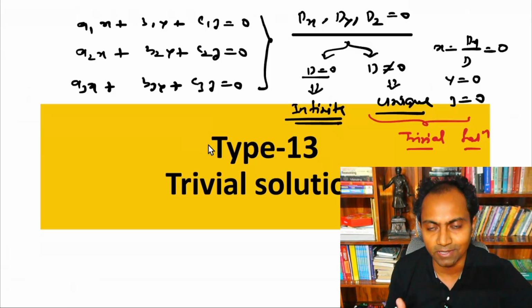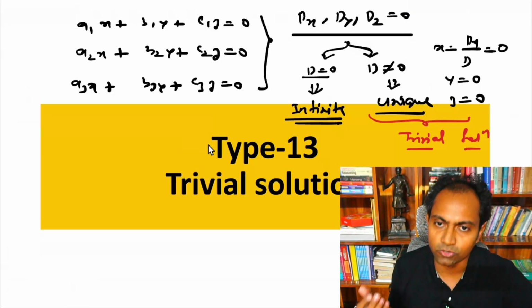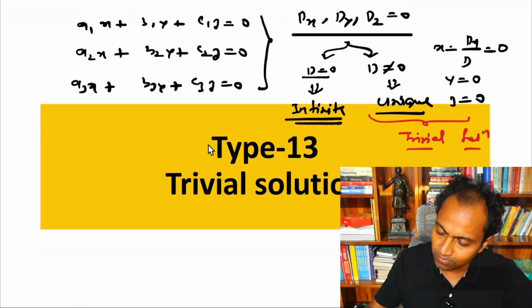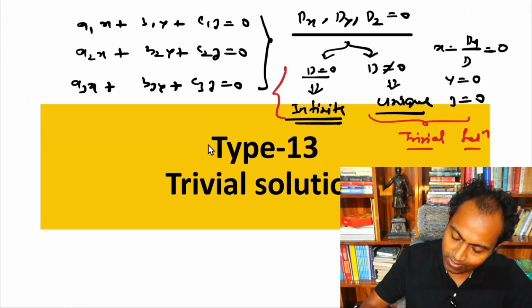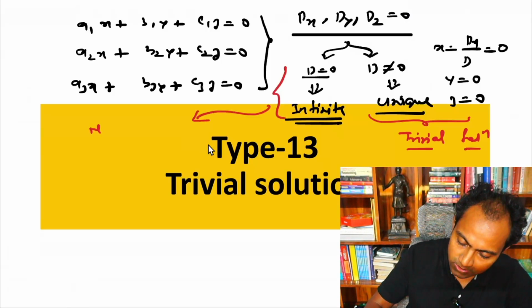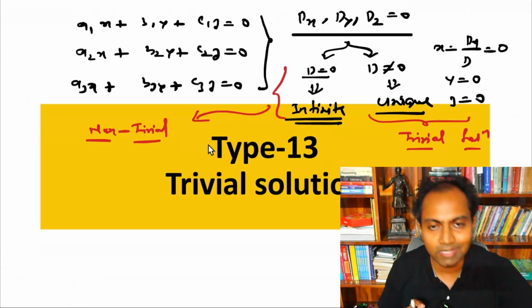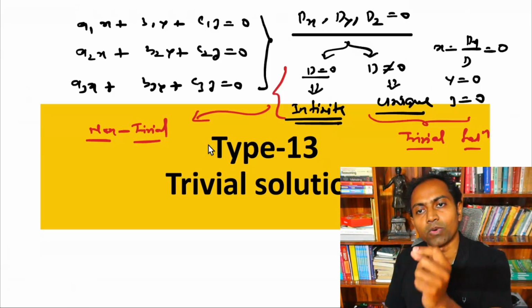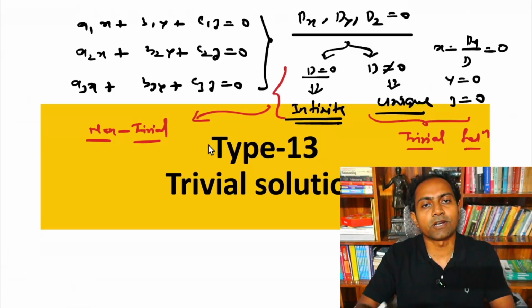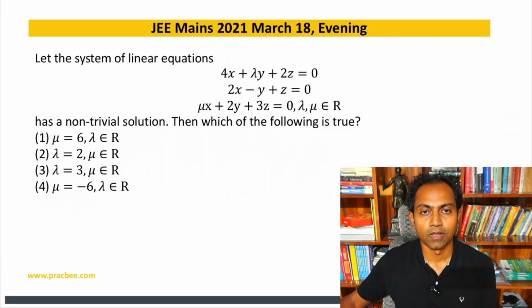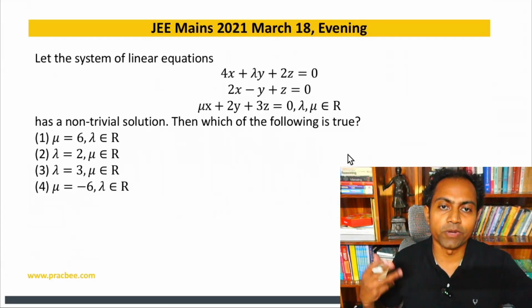Nothing. So we call this a trivial solution. The other one, we will call a non-trivial solution. Essentially, apart from x equal to 0, y equal to 0, z equal to 0, there are other values that can also be answers. Now let us see how this idea was used in a 2021 question.